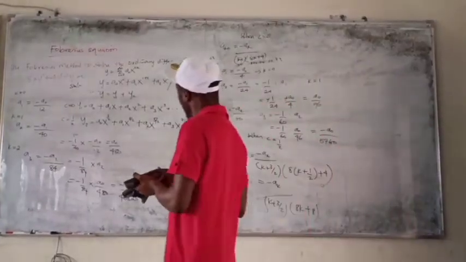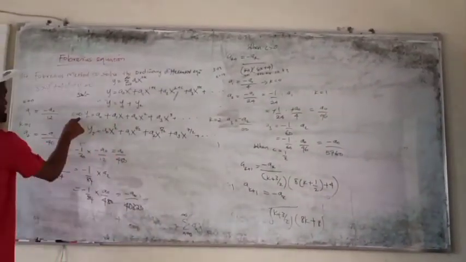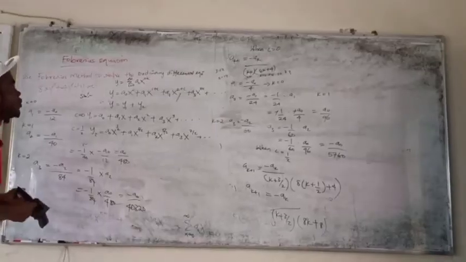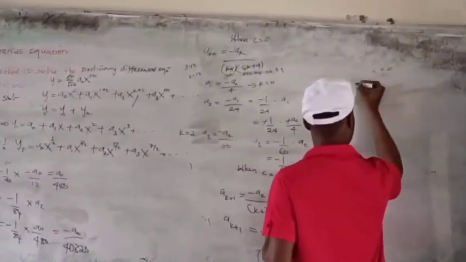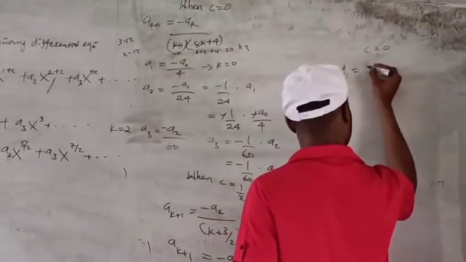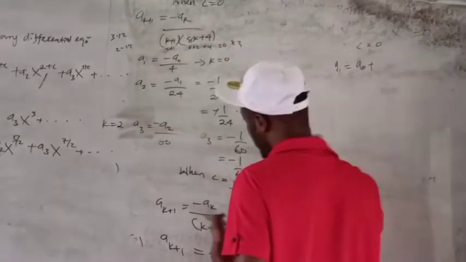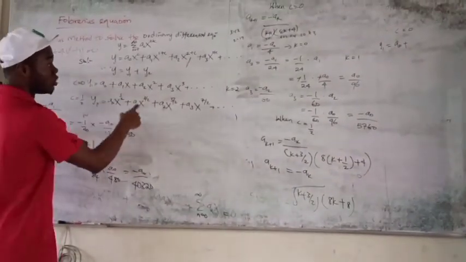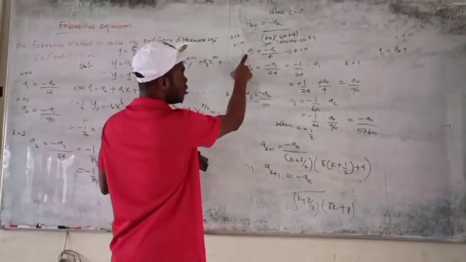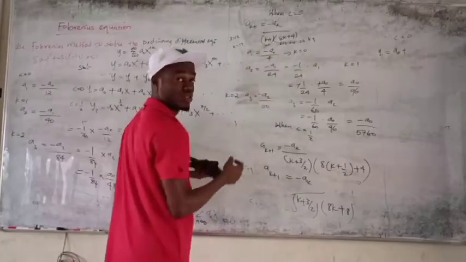We know that when c is equal to 0, our y1 equals a0 plus a1x, and we know that a1 is equal to minus a0/4.